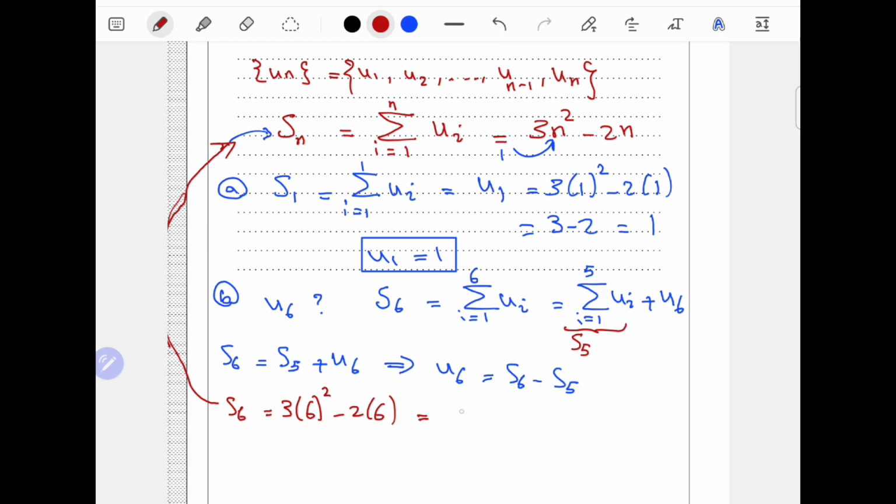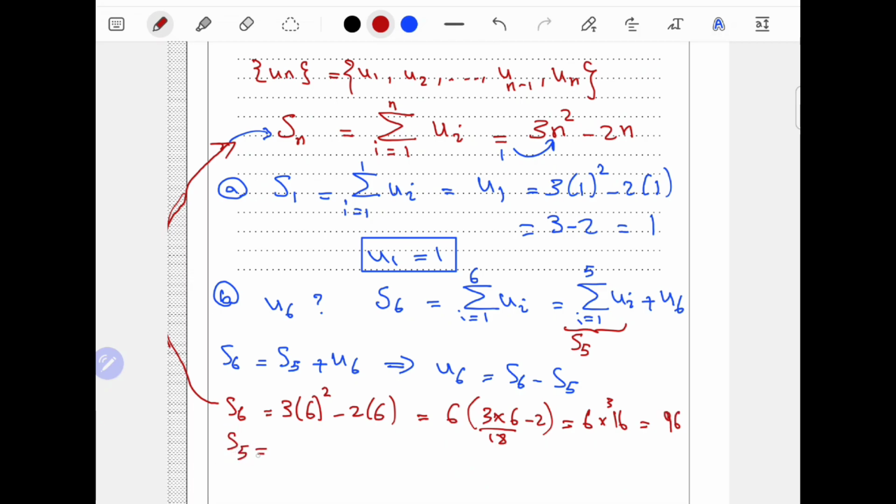And that gives me 3 times, or what I can do is actually I can take 6 as a factor first. This will be 6 times 3 times 6 minus 2. So it's 6 times, this is 18 minus 2, it's just 16. And the answer will be 6 times 6 is 36 without the calculator. 6 times 1 is 6, plus 3 is 9, so it's 96.